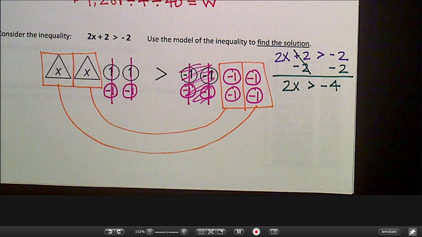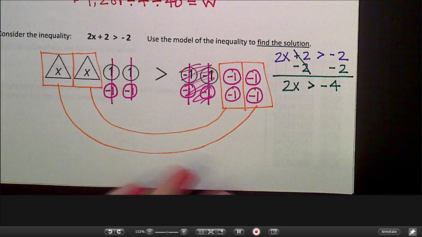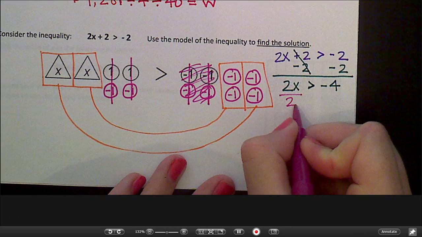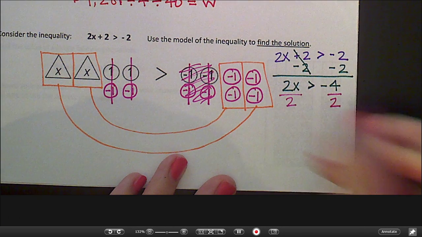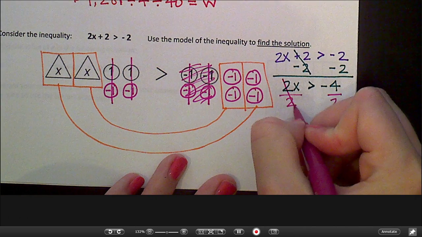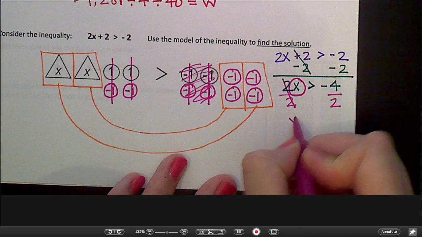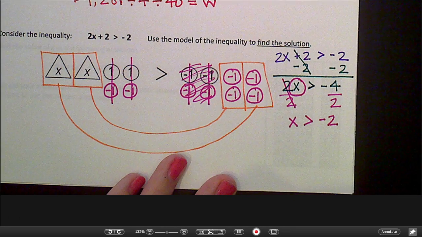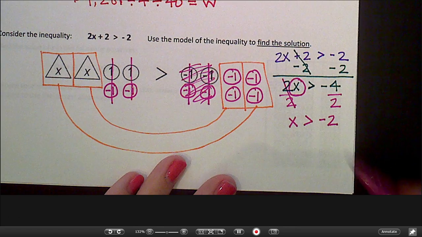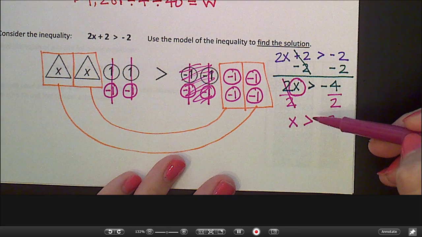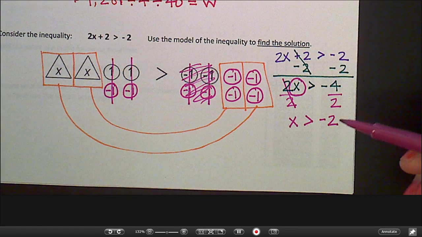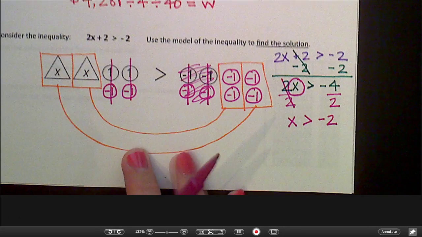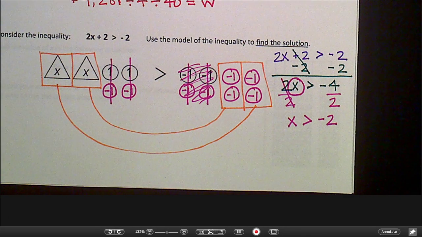So now I have 2x is greater than negative 4. I'm going to divide both sides by 2. 2 divided by 2 is 1, so I'm left with 1x is greater than negative 2. Now, I did not switch my sign here. Why on earth did I not switch my sign, but on number 7 I did switch my sign?